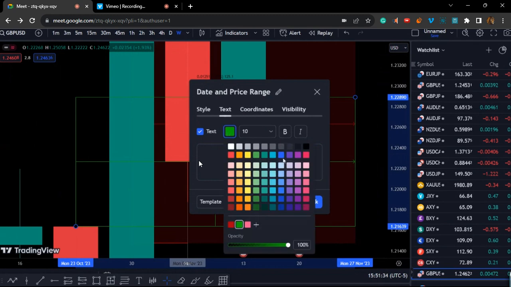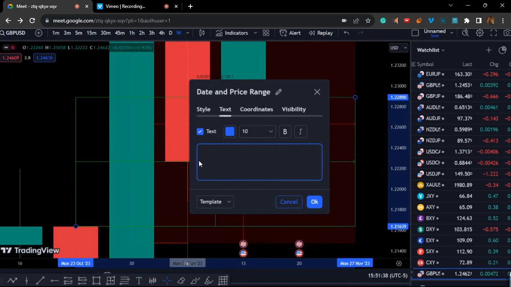Oh, I color coordinate everything, exactly. Plus sign OB. Then put 1W, which is 1 week, and then put zone. The reason I'm saying zone is because with zone, you should automatically think 3 areas: the high, the consequent encroachment, and the opening price.